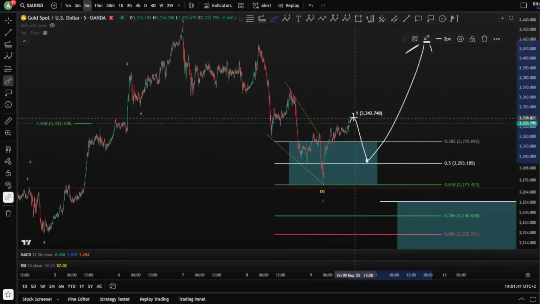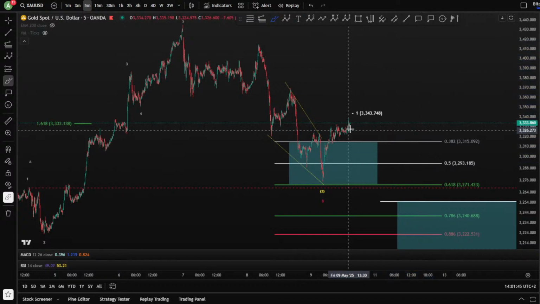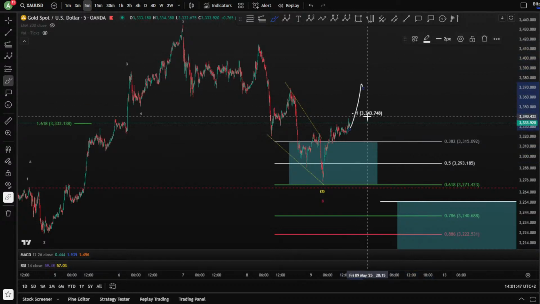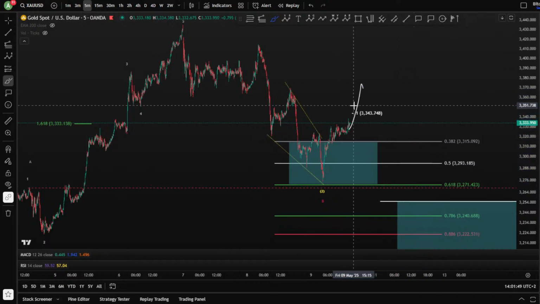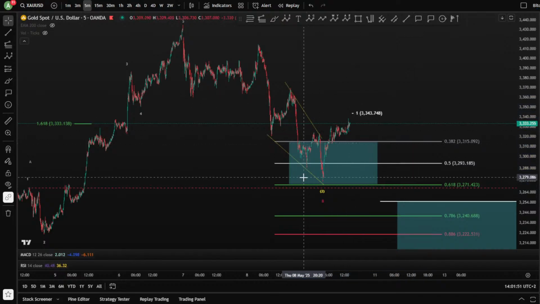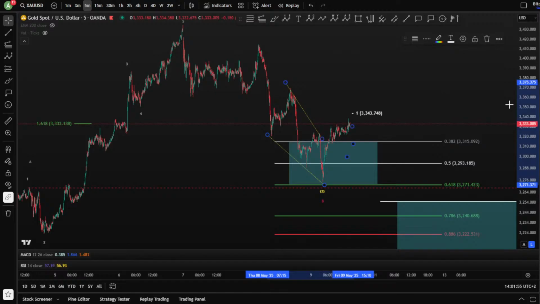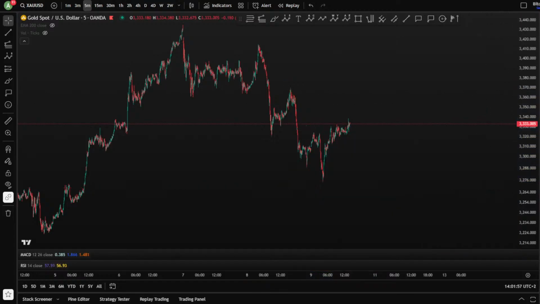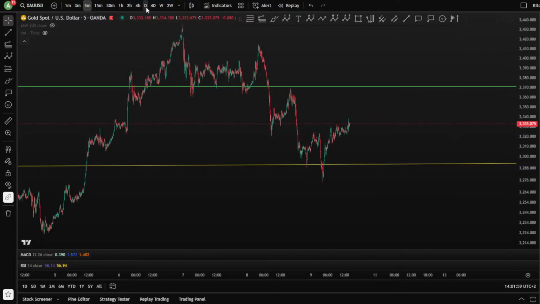So you would like to see lower prices from here to be bullish. You would like to see higher prices breaking this to be bearish. Incredible, right? Welcome to Elliott wave. All right, so this is for the gold. And why are we looking for this lower price?